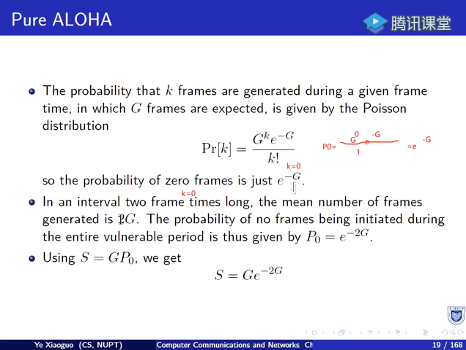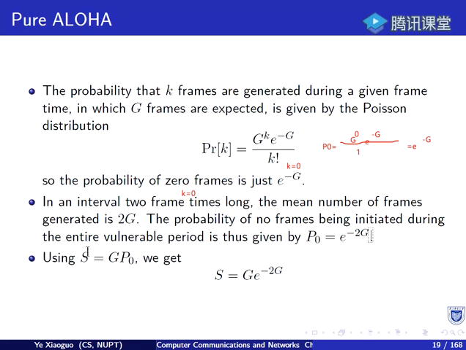The probability of no frames being initiated during the entire vulnerable period is E minus 2G.